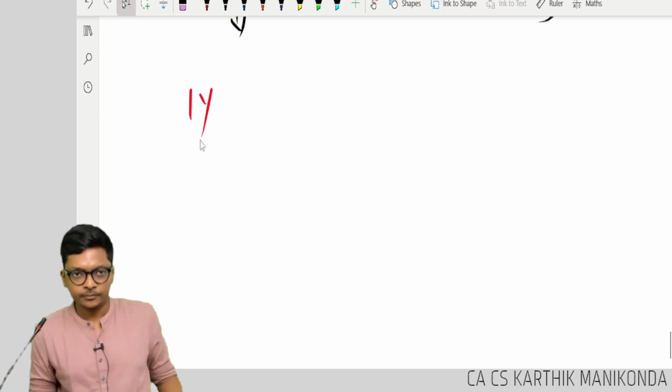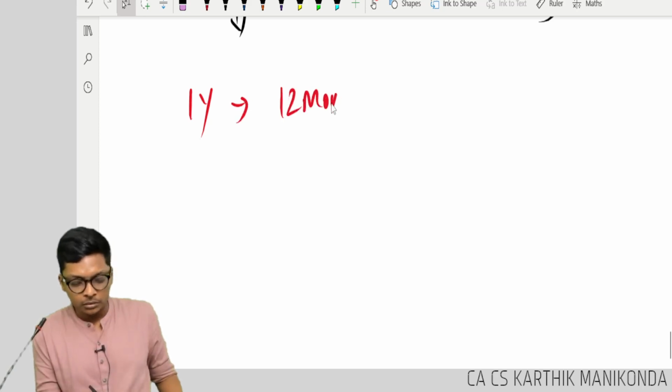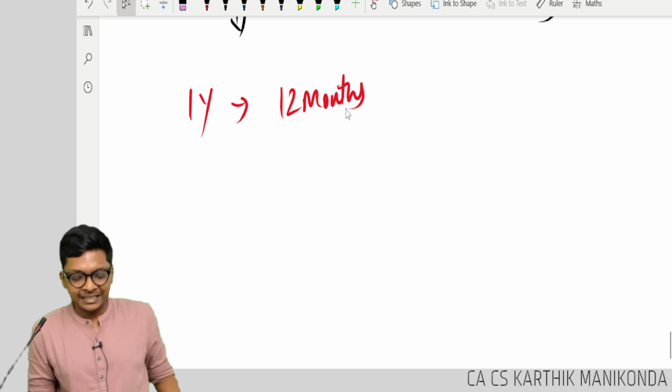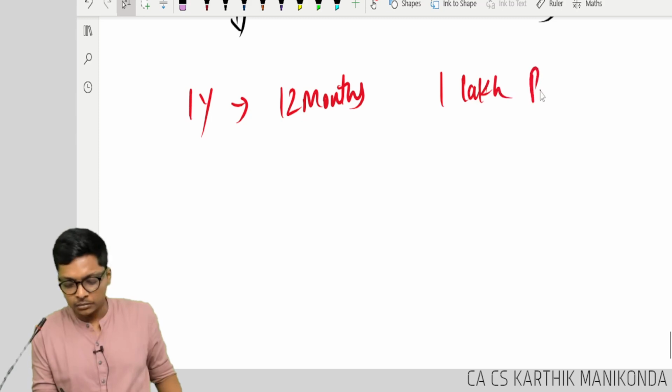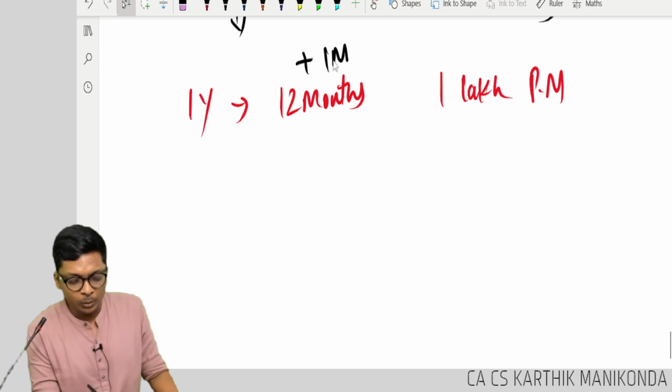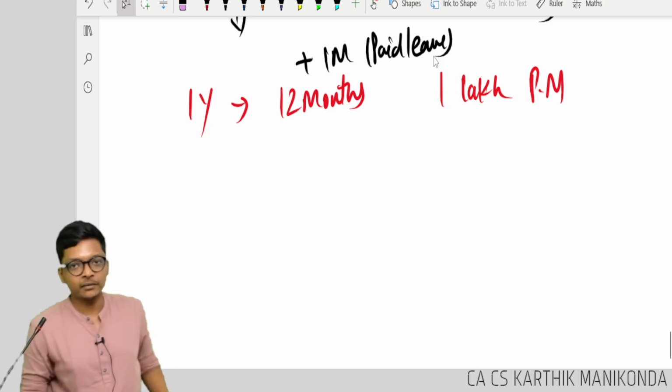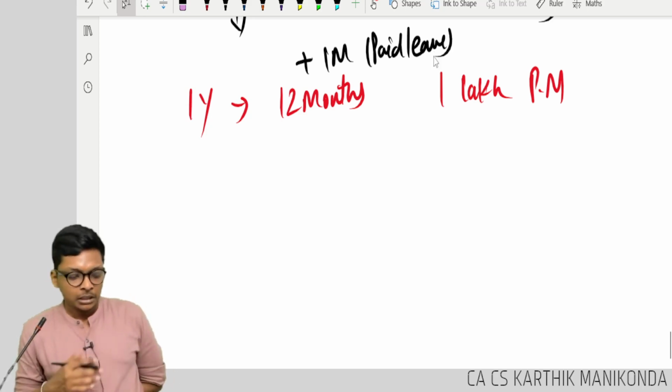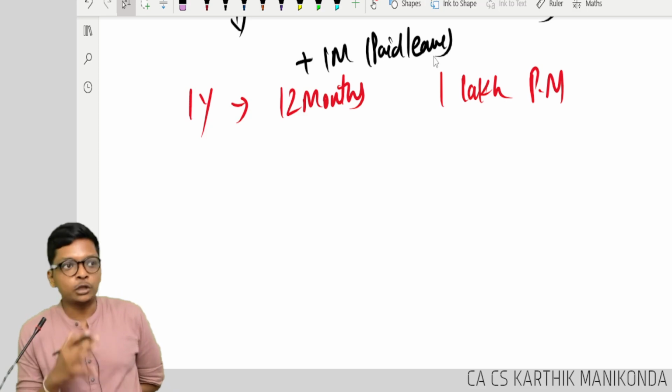In the first year, the employee works for 12 months. Let's assume his salary is 1 lakh per month, plus he gets 1 month of paid leave. Are you following, guys?